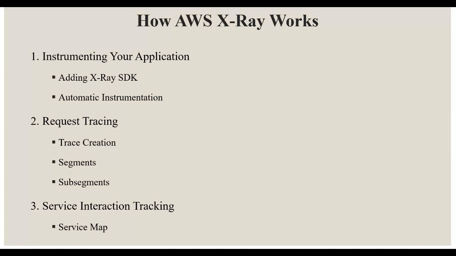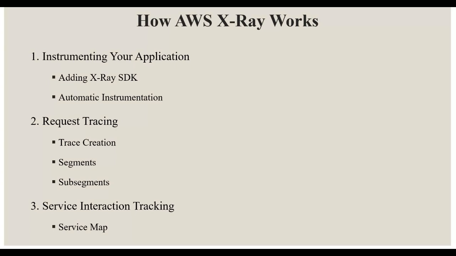That involves adding the X-Ray SDK to your application in the programming language you are using, like Java, Node.js, Python. The next is automatic instrumentation. AWS also offers automatic instrumentation for certain AWS services.